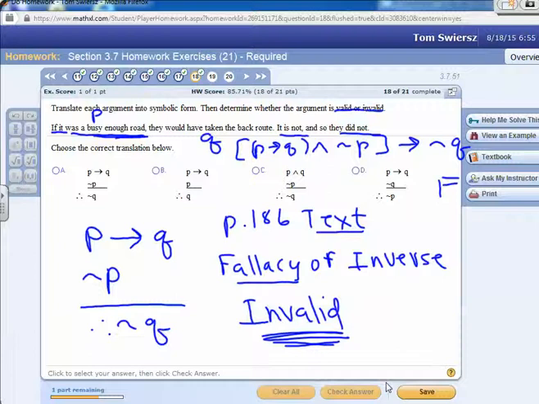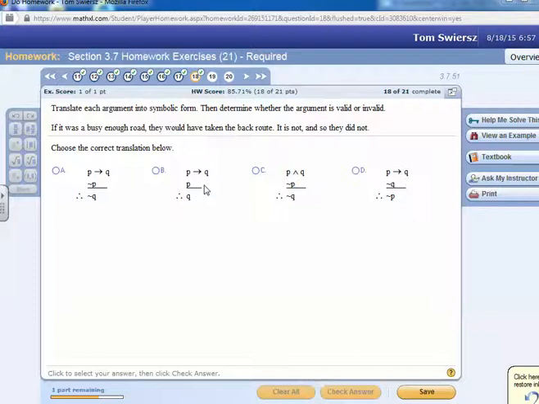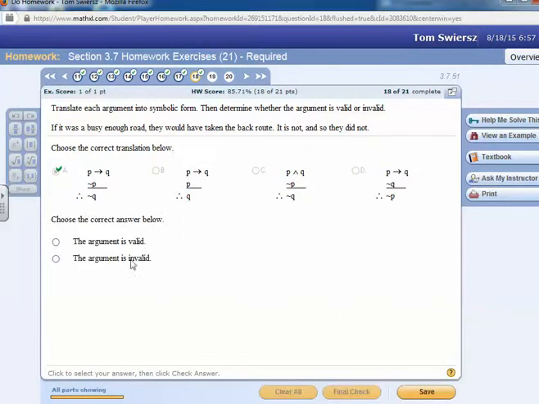So fortunately, we don't have to do a truth table. We can match it to one of the forms, and we know it's definitely invalid. So the first thing was, we matched it. It was if P then Q, negation of P then negation of Q, right? So that was the first part. And then we already said it matches one of the invalid forms. So the argument is definitely invalid.